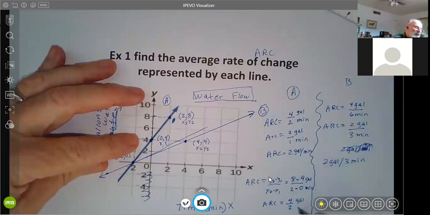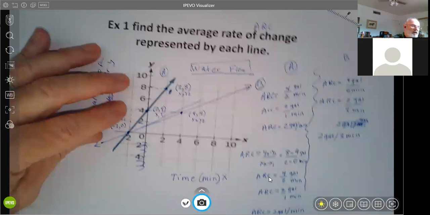Well, we can simplify that more, can't we? So that's 2 gallons over 1 minute. All right. So simplified form, 2 gallons per minute, which we could also show this way. All right. So you can see the whole thing.